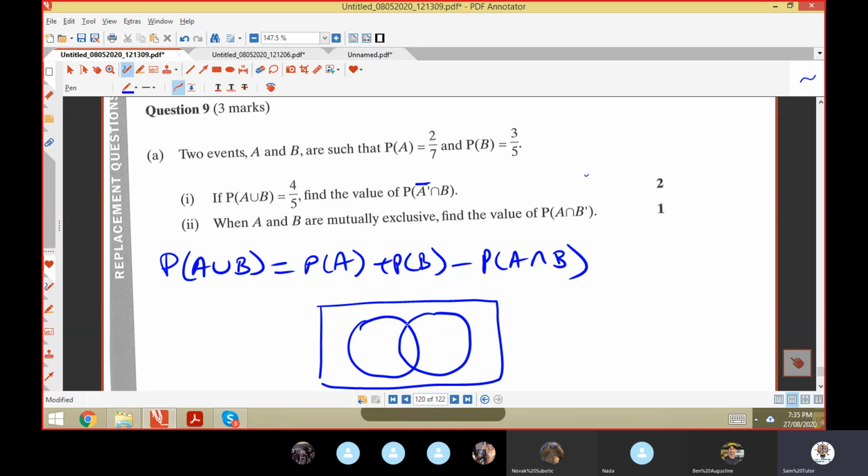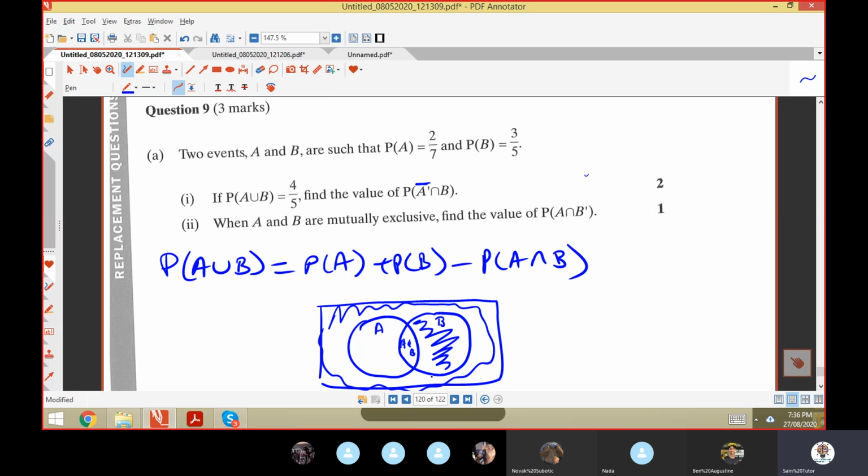Probability of not A. So this is A. This is A and B. And this is B. Not A could be all of this, and B is this.